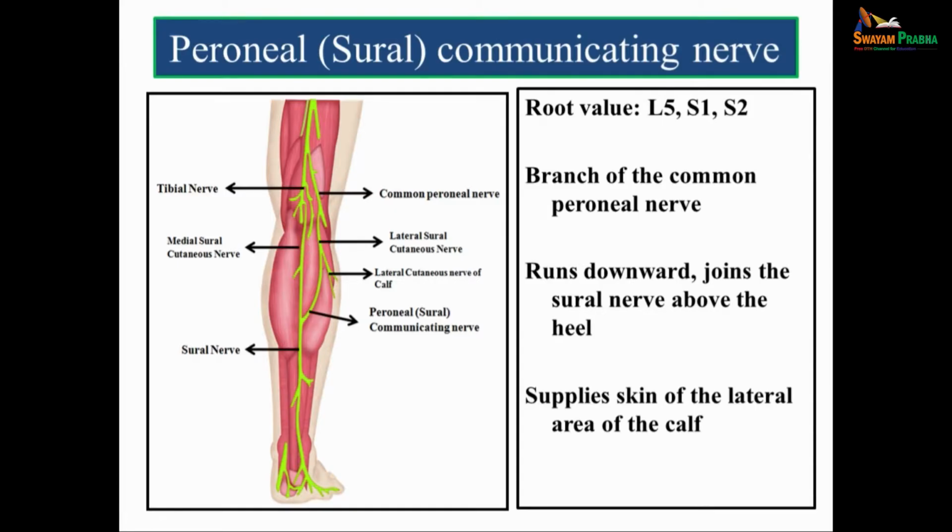Then from the common peroneal nerve, we have the lateral sural cutaneous nerve, and it gives off a small lateral cutaneous nerve of the calf, and then continues as the sural communicating nerve, which joins with the sural nerve above the heel. It supplies the skin of the lateral area of the calf.